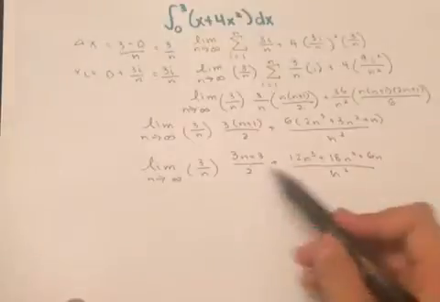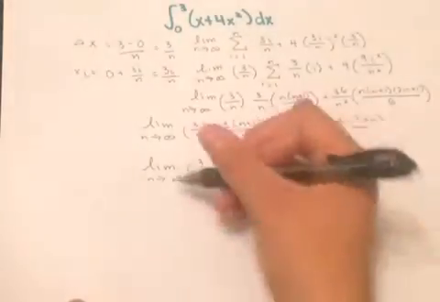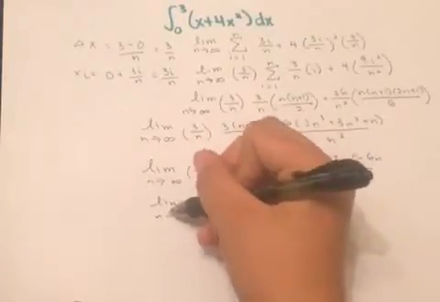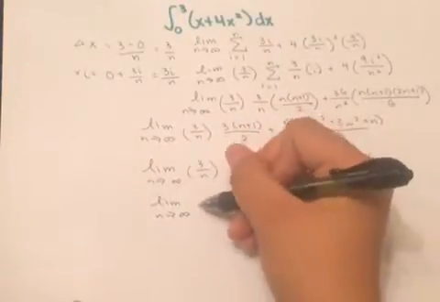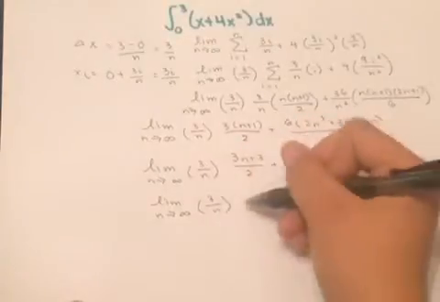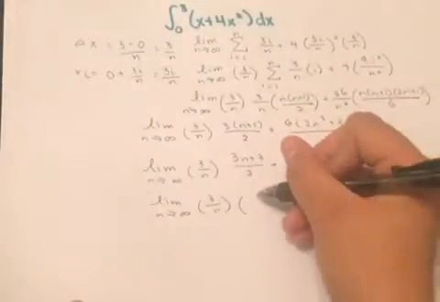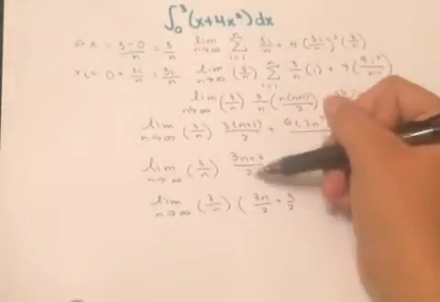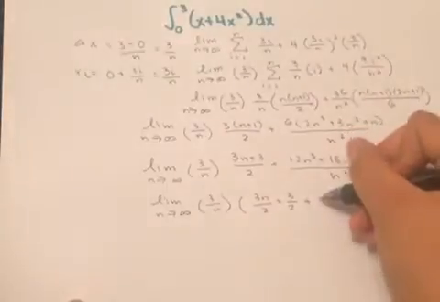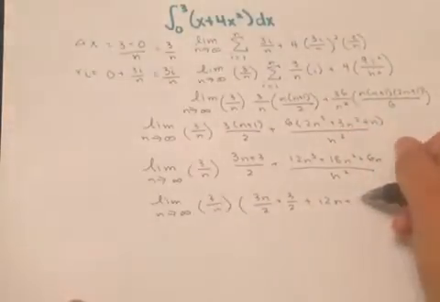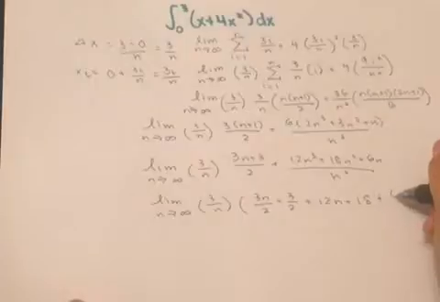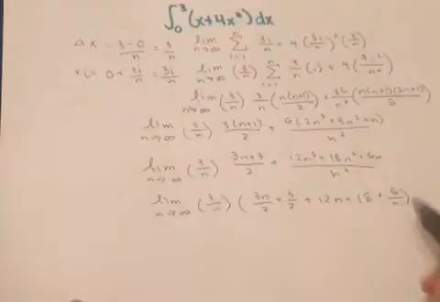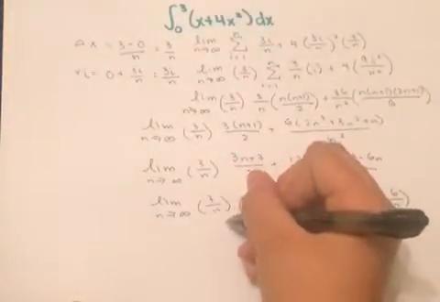And then we can keep simplifying and still keep the limit n towards infinity at the very beginning, and then also the delta x at the very beginning. And now we can split these two parts of the function into even smaller individual fractions or numbers, so it's easier to work with. So you get 3n over 2 plus 3 over 2 plus 12n plus 18 plus 6 over n. And this just makes it easier to multiply the delta x into.